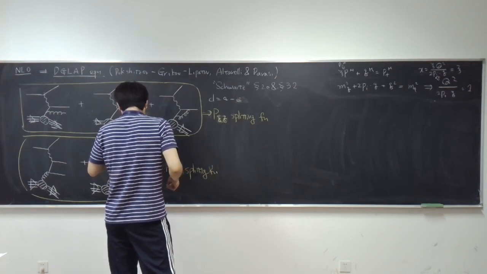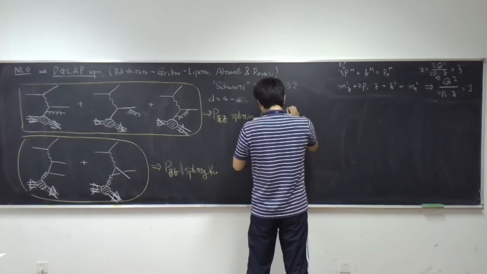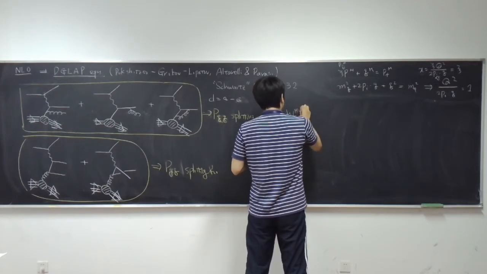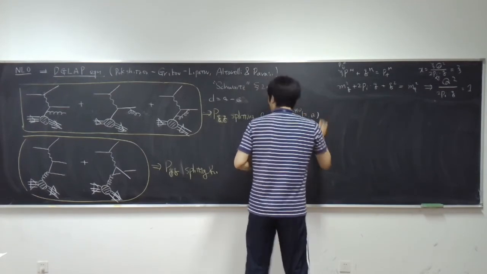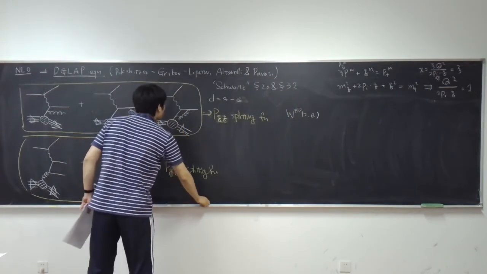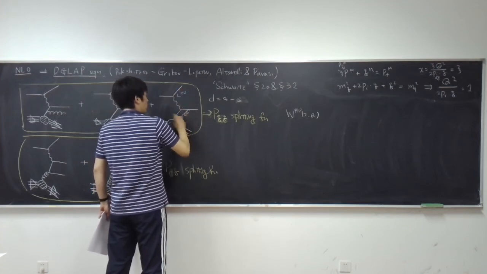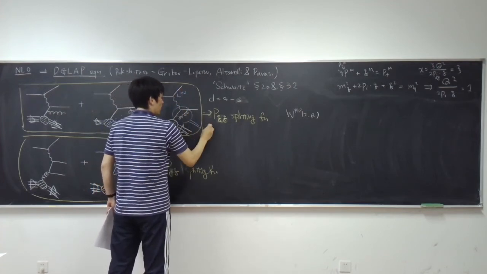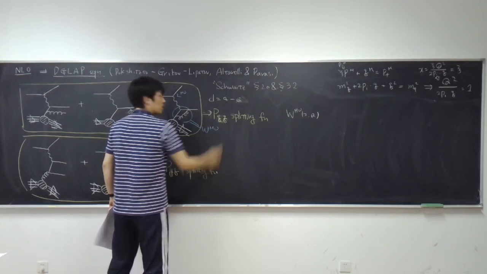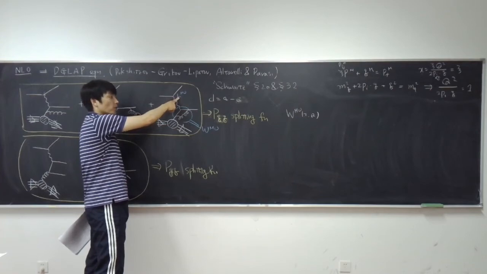Again, first you can evaluate this one by dimensional regularization. What we are going to do is W^{mu nu}. Here again, from here you get L^{mu nu}, the lepton tensor, and from here you get the parton tensor. L^{mu nu} is the very easy part. We already know this form.